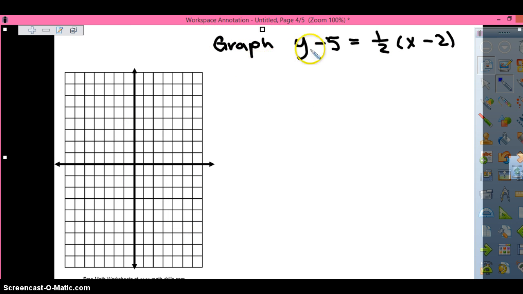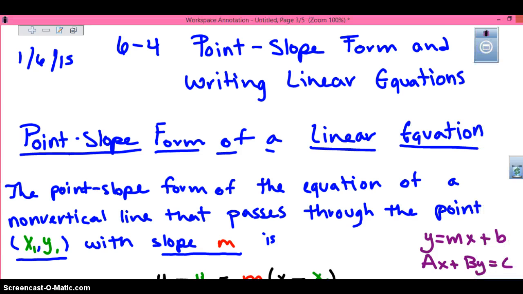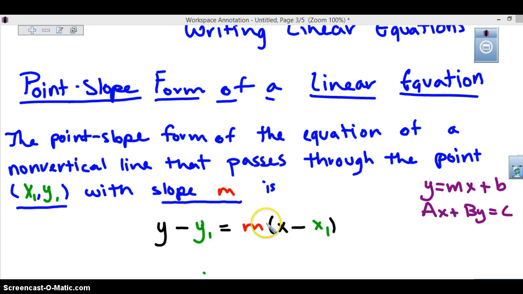If we have to graph y minus 5 equals 1/2 times x minus 2, this equation is in point-slope form. So our formula is y minus y sub 1 equals m times x minus x sub 1. In the definition, we saw that x sub 1, y sub 1 is an ordered pair, and m is the slope.